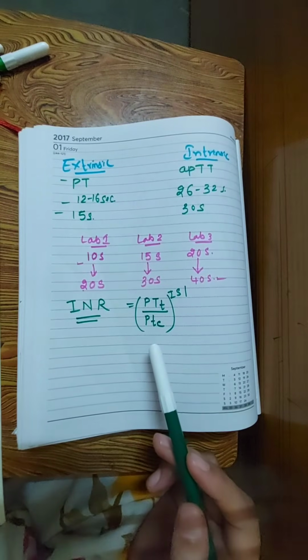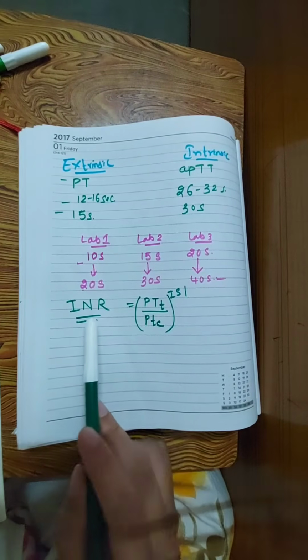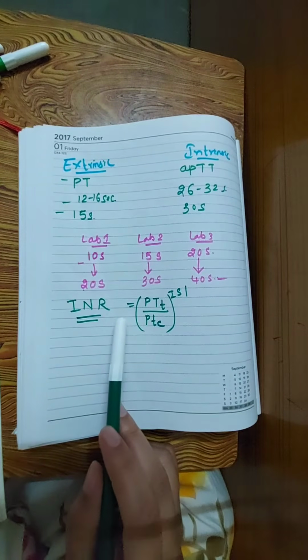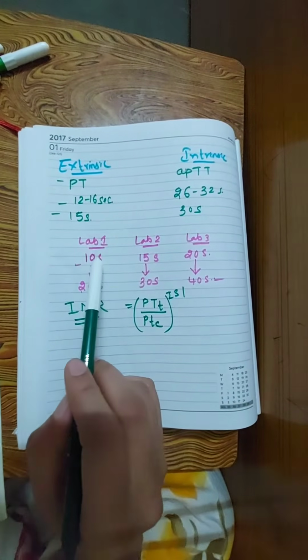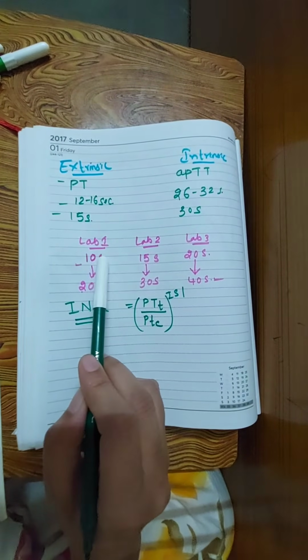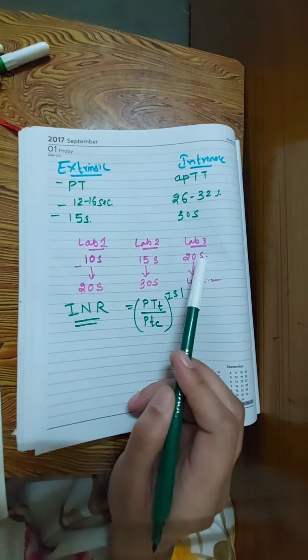So in simple language, the value of the international normalized ratio will be the same in every lab. So hypothetically assuming the control value is 10 seconds in lab 1, 15 seconds in lab 2, and 20 seconds in lab 3.